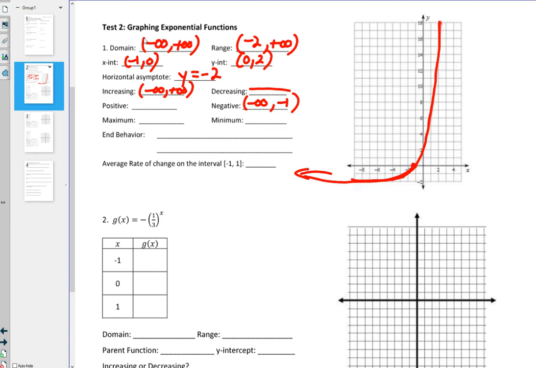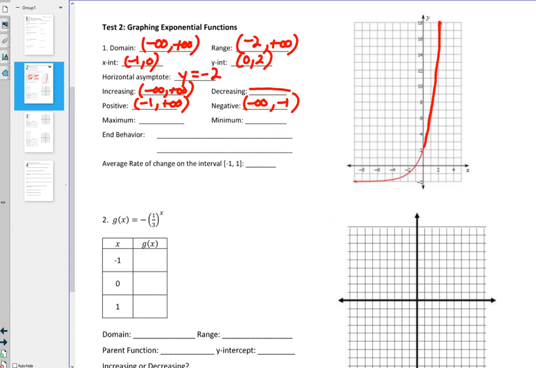So if the value of my function is negative under this interval, under what interval is it going to be positive? From where to where will I stay above the x-axis? From -1 all the way to positive infinity, I'm going to stay above the x-axis.